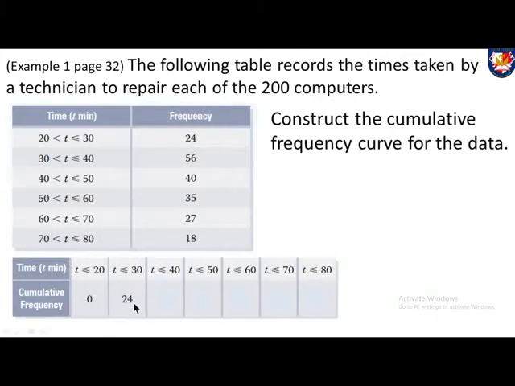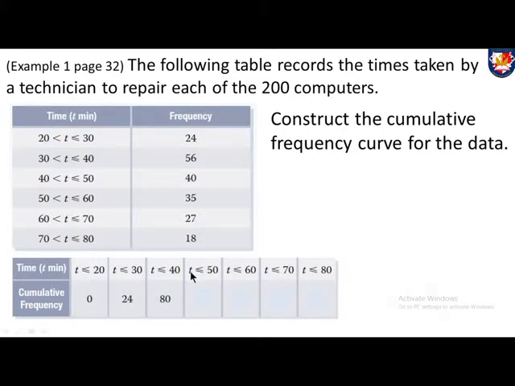You write it here. For T less than 40, there are two rows less than 40: this row, and also this row, because T less than 30 is also less than 40, since 30 is smaller than 40. So we add these numbers together from these two rows: 24 plus 56 equal to 80.